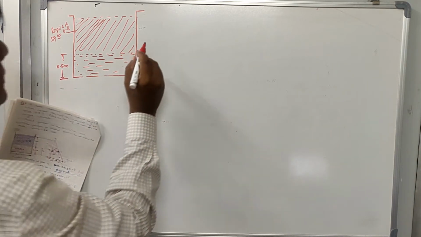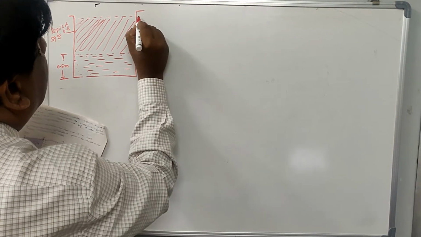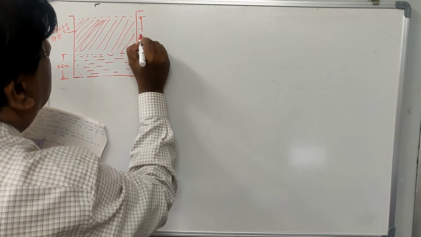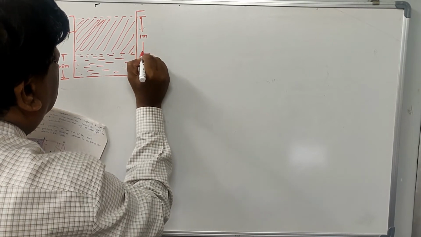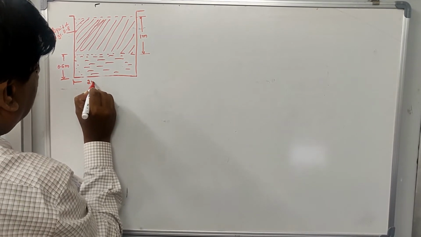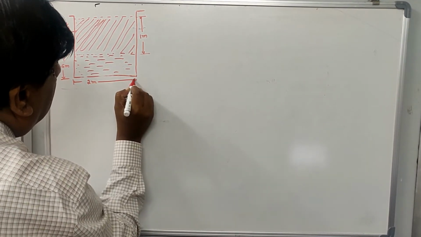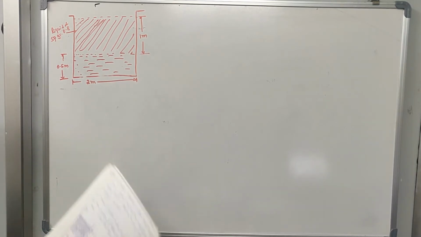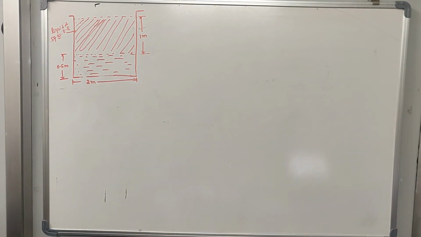This is also given, this is 1 meter. The width of the tank is 2 meter. Okay, this is the numerical problem.